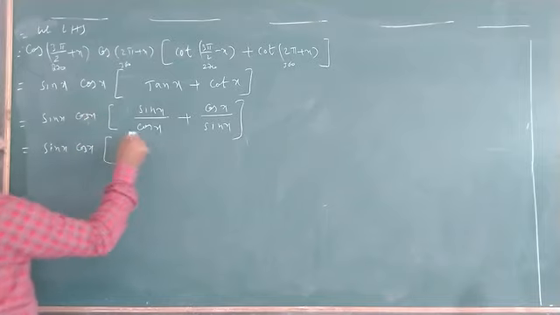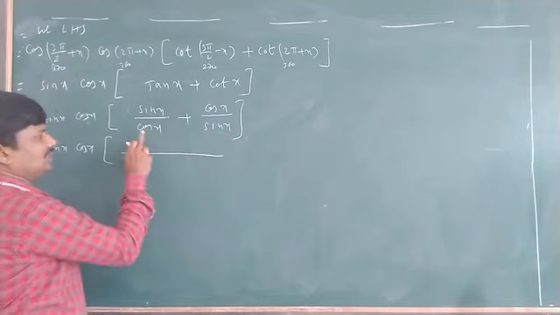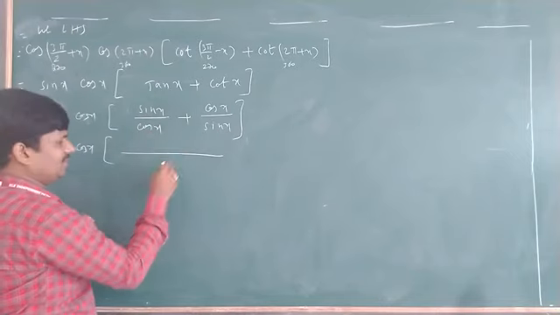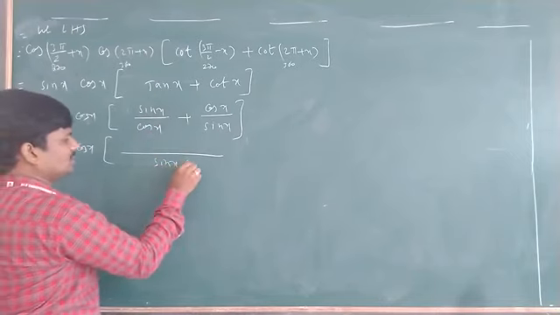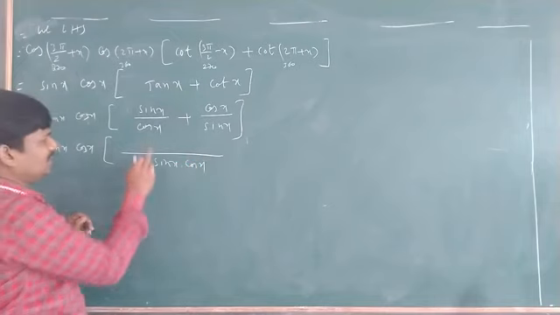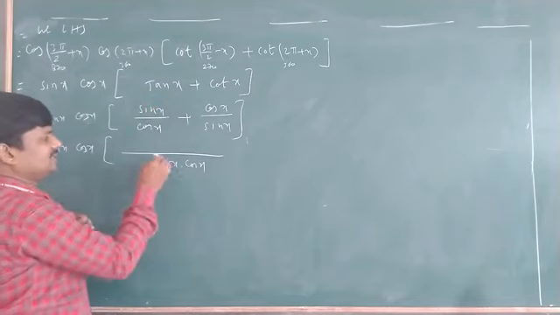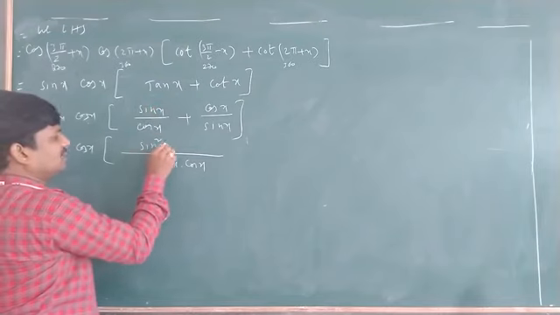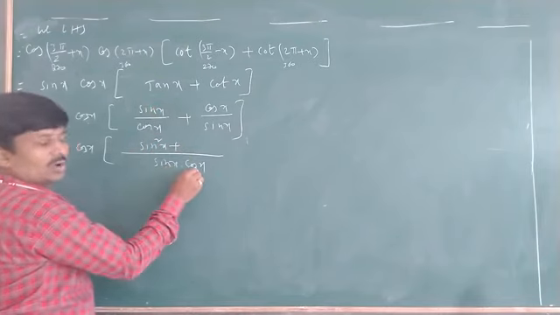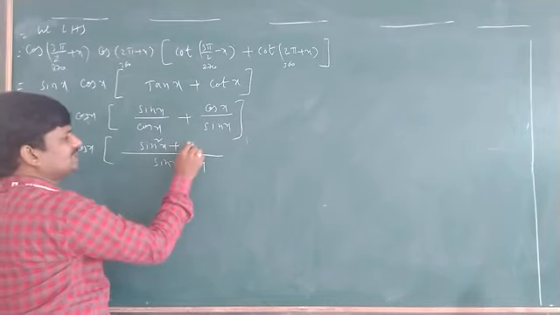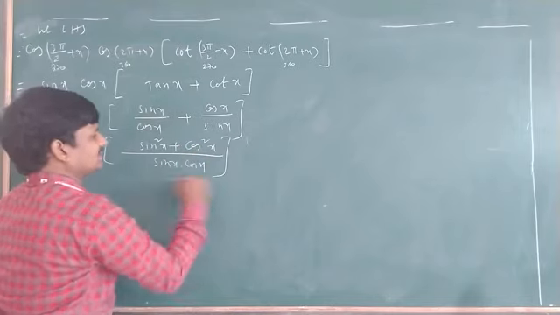Then what will be the LCM here? Cos x is there, sin x is there, so the LCM is sin x into cos x. Sin x cancels, leaving sin x into sin x, which is sin square x. Cos x cancels, leaving cos square x.